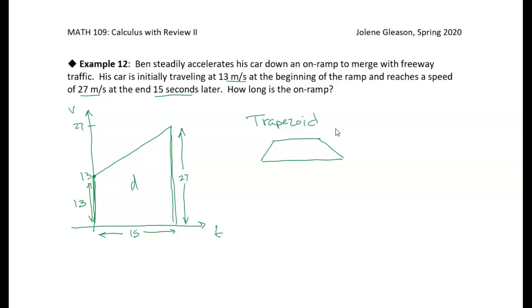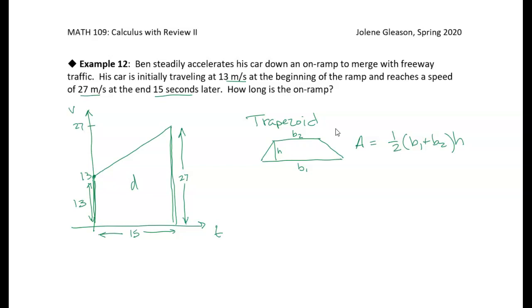So this is sort of like a trapezoid oriented vertically instead of horizontally. But if we have a general trapezoid where this is the height h, and we have two what they call bases, b1 and b2, the formula for the area of a trapezoid is 1/2 (b1 plus b2) times h.